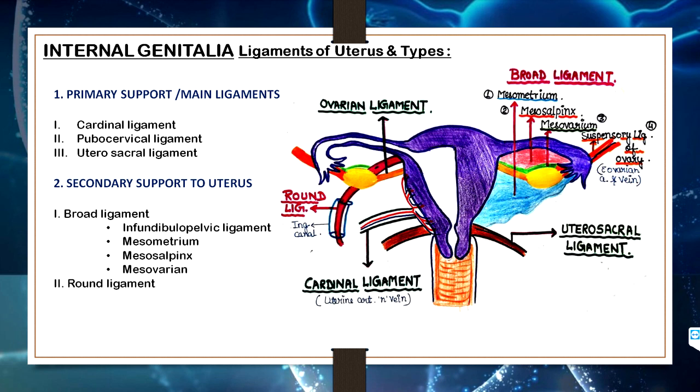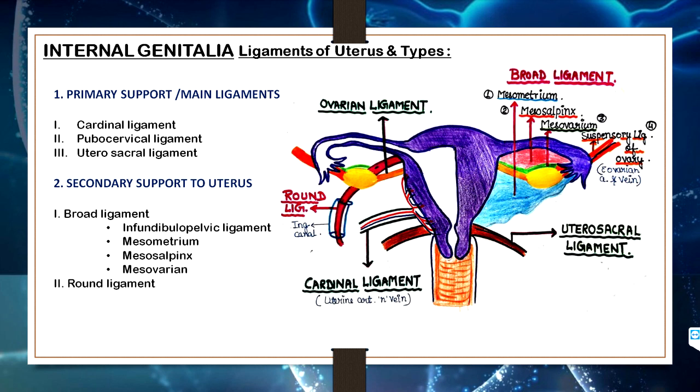Next is round ligament. This is also not a true ligament, and they are also paired ligament present on both sides of the uterus, but I have drawn only on the one side. I have drawn it with red color. So you can see round ligament.